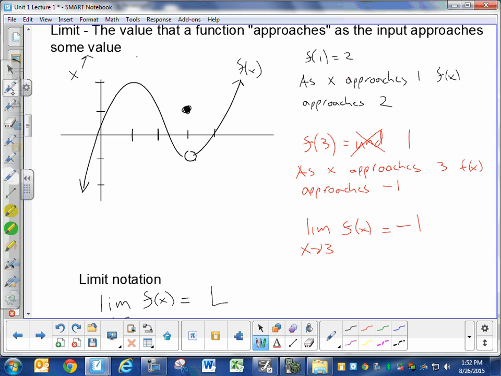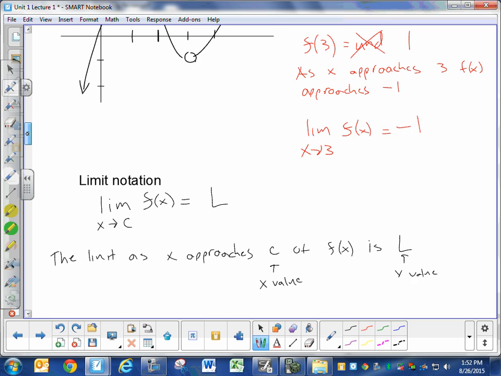Even though f of 1 is 2, we would also say that the limit as x approaches 1 of f of x is also 2. Okay. Now that's limit notation.